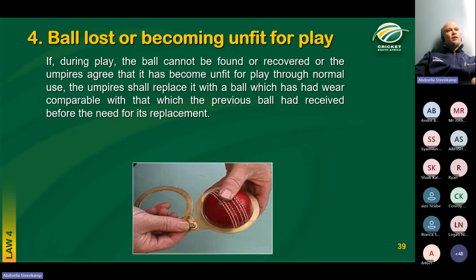So you need to look at your spare balls and find a ball as close to the ball that needed to be replaced. You will hardly find an exact ball in exact same condition, but you need to find as close to it. Similarly, if a ball does become unfit for play, let's say it's out of shape, or the seam is now loose, or the ball broke in two, you use the same criteria. Law guides us by telling us when you do replace the ball, it needs to have similar wear and tear to which the previous ball had before the need for its replacement.